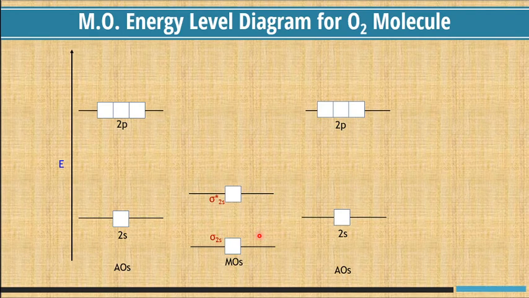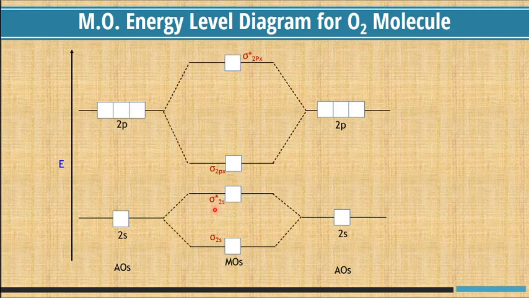Similarly, the 2px orbitals of the 2p orbitals from both oxygen atoms combine together and give rise to the sigma 2px bonding molecular orbital and sigma star 2px antibonding molecular orbital.